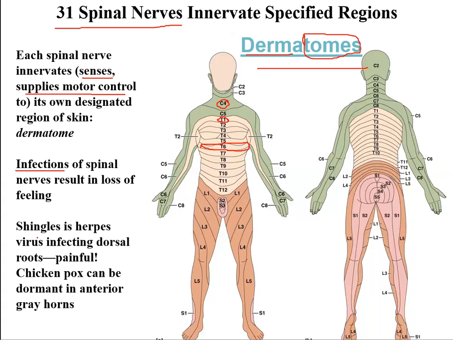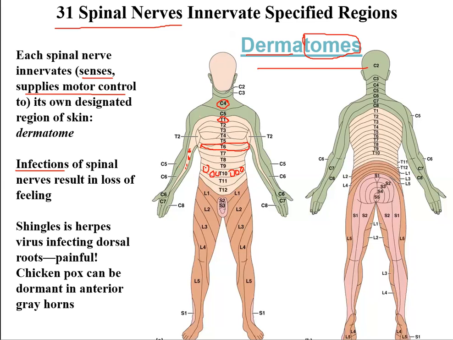So for example, if you contract a shingles virus, okay, that usually presents as patches in stripes in your abdomen. I've also seen it down the arm here. And so these patches, essentially we can isolate exactly where the location of this infection is, because we know what dermatome is infected.